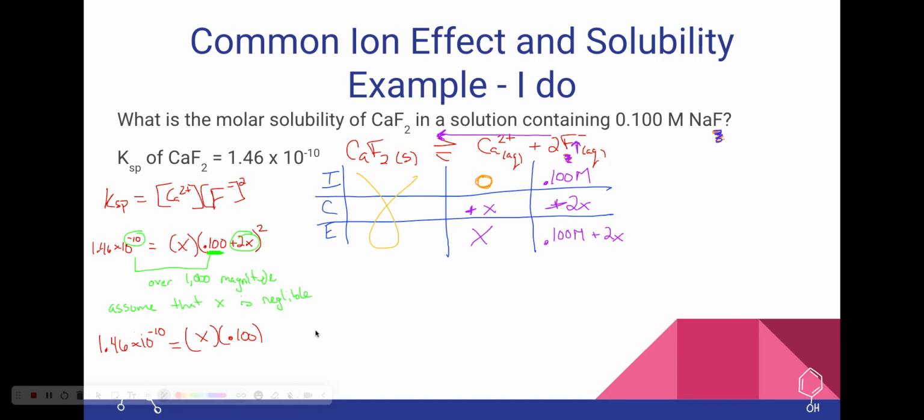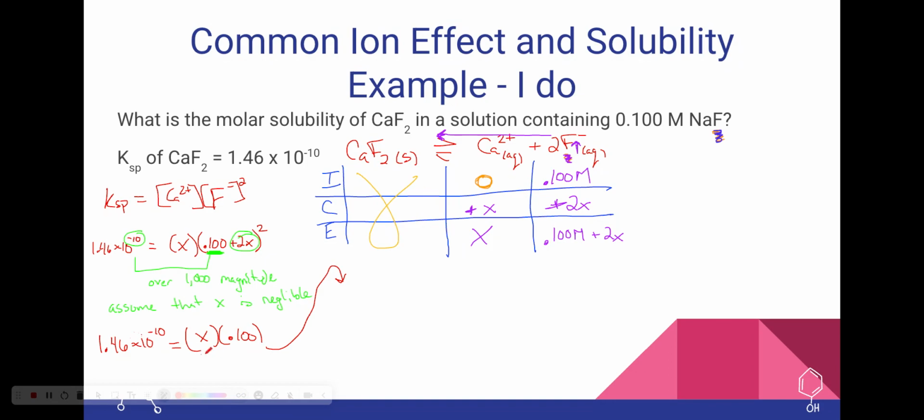And as you can see, now I no longer have to worry about squaring this value. What it's going to save me algebraically, folks, is I'm not going to have to worry about having a cubic, because eventually, if you follow the algebra from this point forward, you'll get a cubic equation. But assuming that change in x is negligible, I now have a one-step algebraic equation, right?